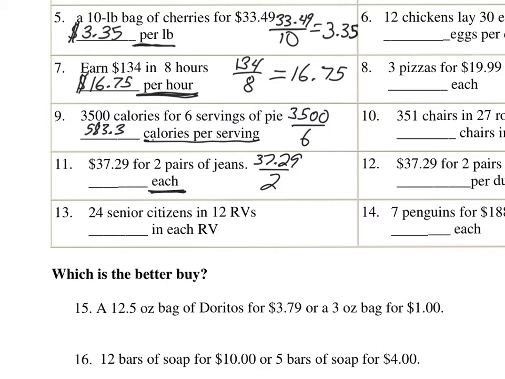And that gives me 18.645, but I can only round to 2 decimal places because we don't have partial pennies. So that rounds to 18.65. Pause again, do number 12.